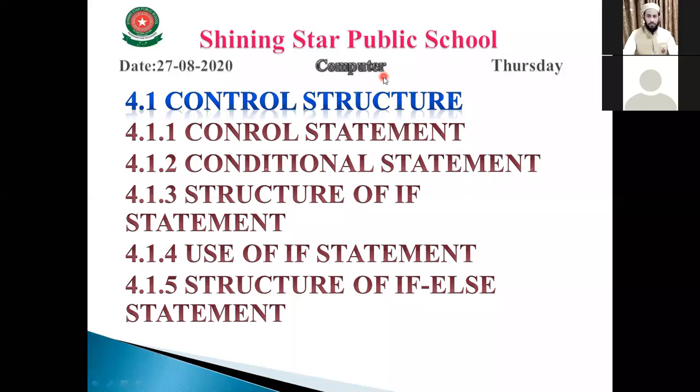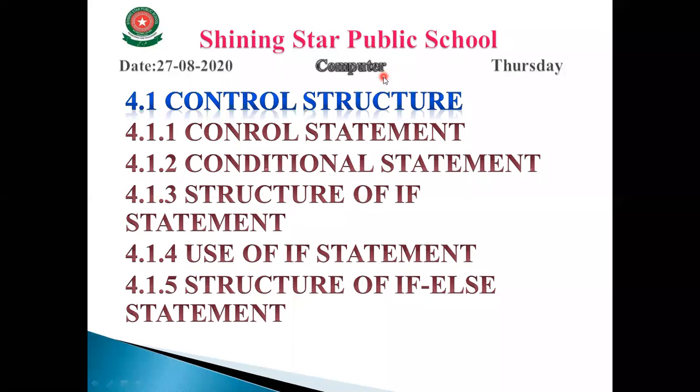So in the third step, we calculate the area of the triangle, B multiplied by H divided by 2. Now the fourth step: we write output A, where A is the area of the triangle which we calculated in the third step. So the fifth step is stop.